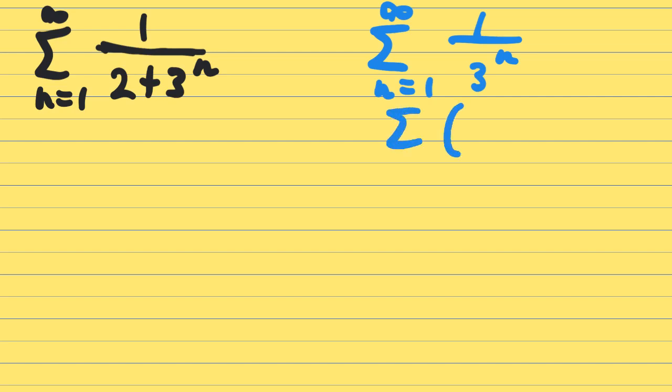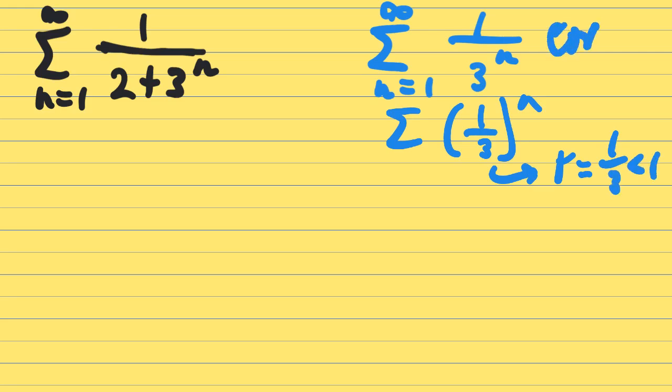Think of it this way: 1/3 to the n. That ratio is less than 1, so we know that this one converges.